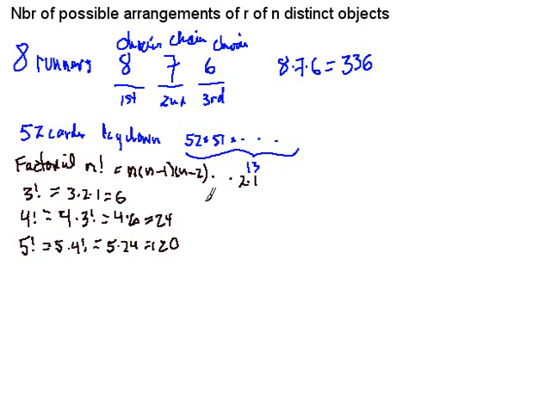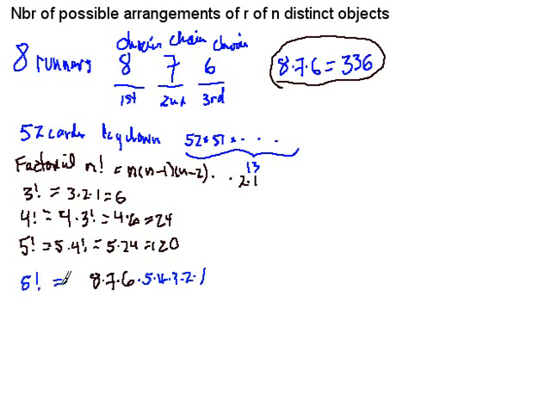But let's go back now to our problem where we were looking at this product here and see if we can write this in a little more succinct way. So remember, the product was going to be 8 times 7 times 6. Well, we could make this into something like a factorial by finishing it with 5 times 4 times 3 times 2 times 1. Okay, and so that gives us 8 factorial.